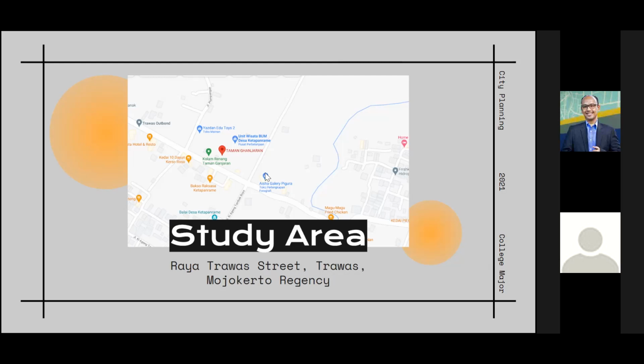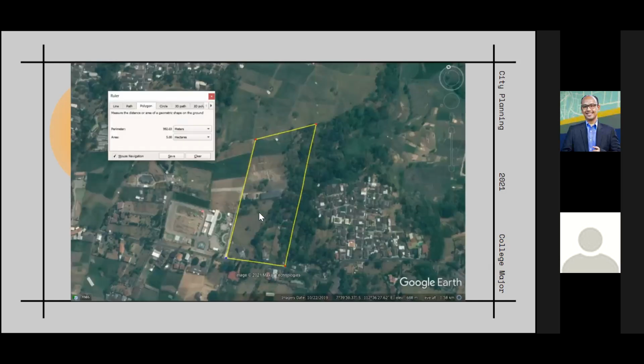So we chose this area, which is in Trawas, Mojokerto Regency. It's right beside Taman Ganjaran. So here is Taman Ganjaran, and our study case is here.